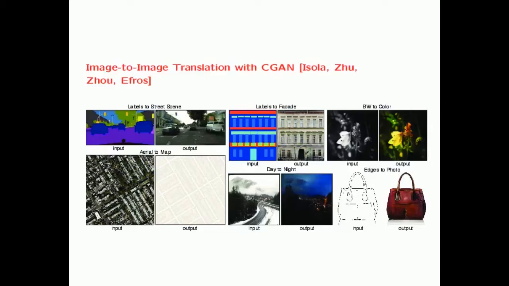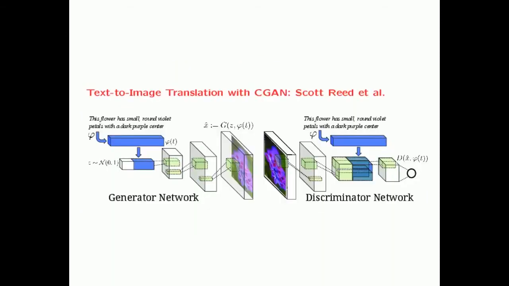You show it an image of a road, upper left the input, and the output will be a realistic photo of a road. Similarly, if you look at the lower left, the input is a satellite image and the output is a street map. So you can train it over pairs of images. This is like image to image translation. So you can use adversarial training even to perform image to image translation.